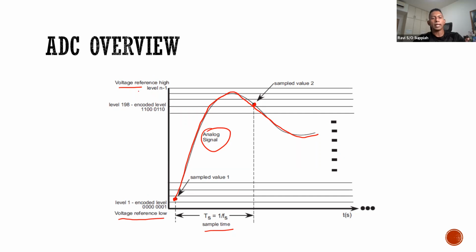That depends on the number of bits we have for the conversion. When the ADC module takes a sample, it will then allocate it to a level, depending on the way it is configured. So at any point of time, we perform a sample and take the digital voltage to represent the analog value at that time.